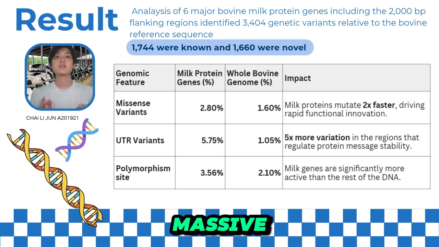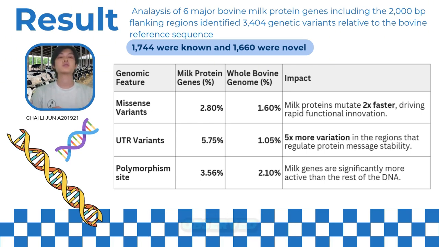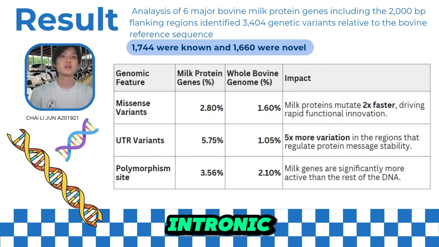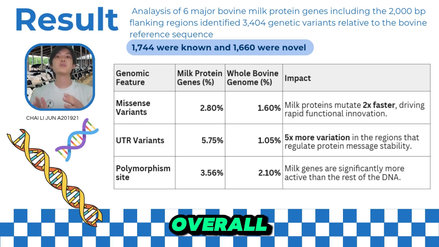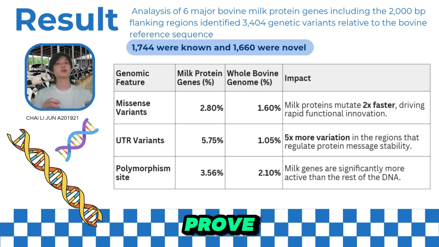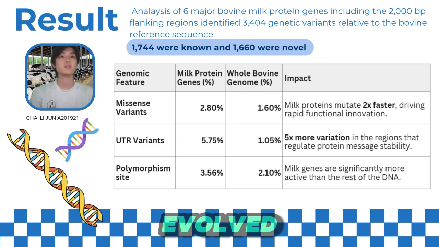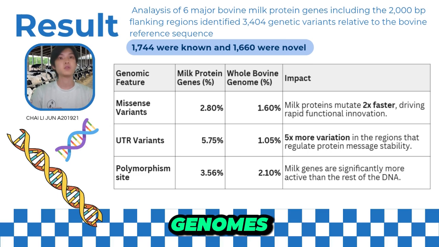A 5 times increase in untranslated region variation was also observed, and these regions are critical for controlling protein stability, while the majority of these findings are intronic, and the overall polymorphism rate of 3.56% proves that the milk genes are among the most rapidly evolved parts of the bovine genome.